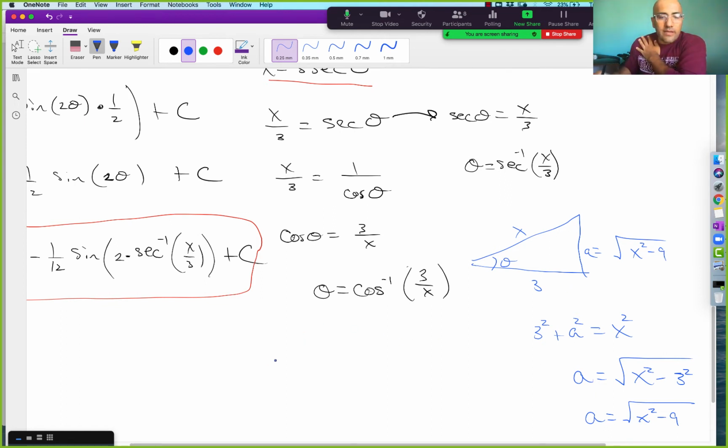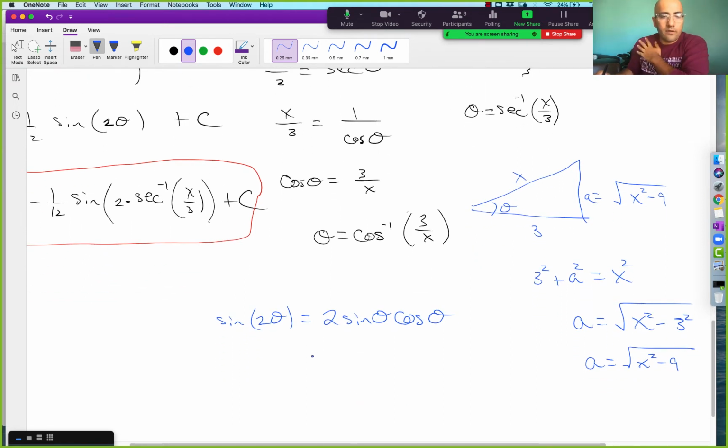Okay, so now sine 2 theta, using another one of our identities, this is equal to 2 sine of theta cosine of theta. One of our double angle identities. So this is equal to twice sine of theta.